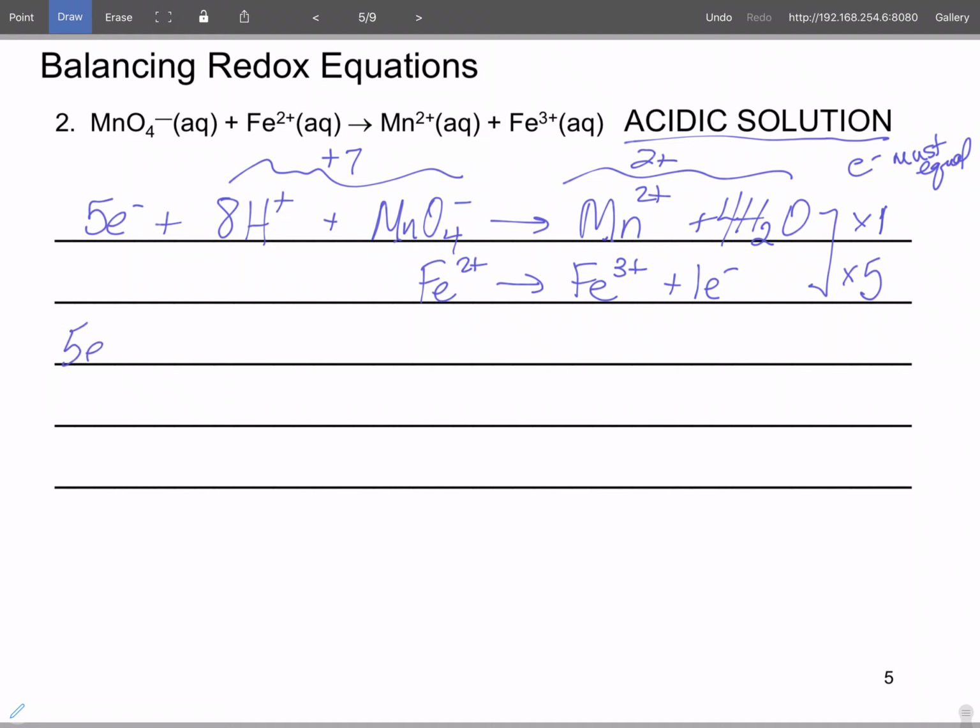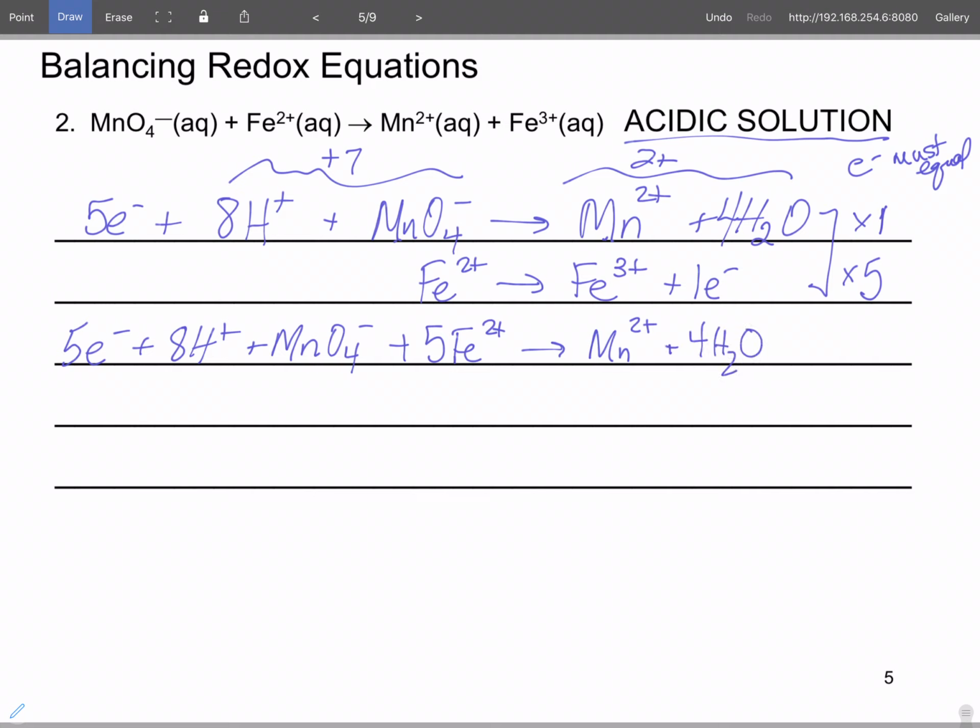So I get 5 electrons plus 8 H+ plus MnO4-, that takes care of my first half. Now I've got to have 5 iron 2+ going to manganese 2+ plus 4 H2O.